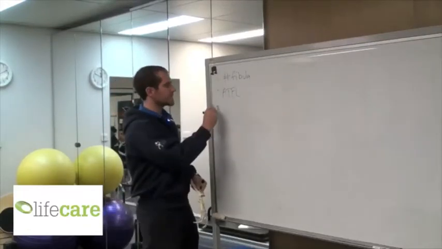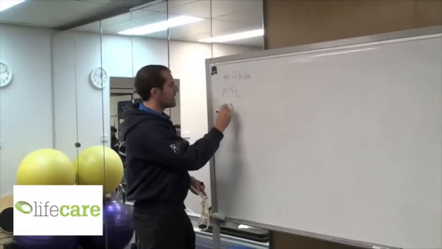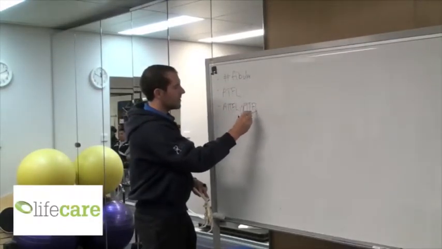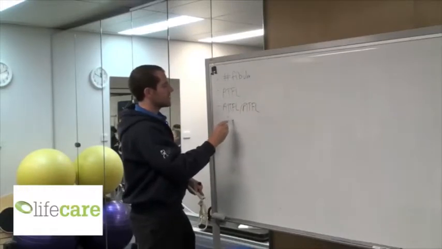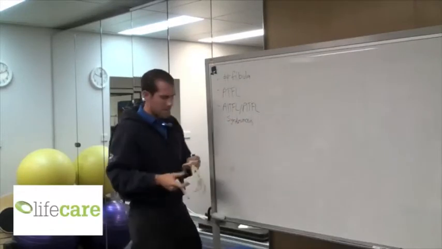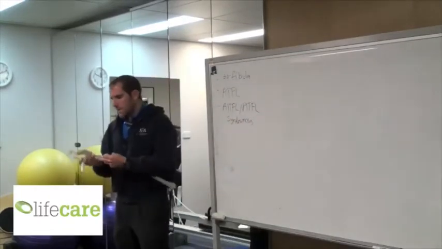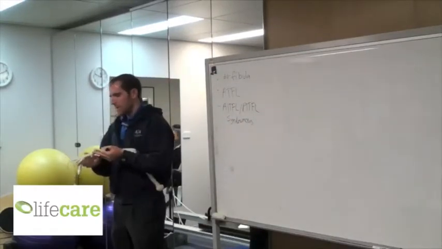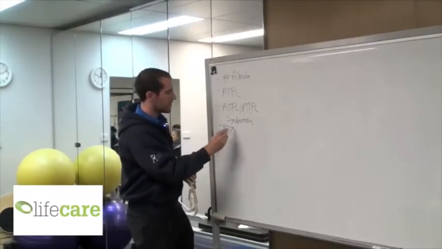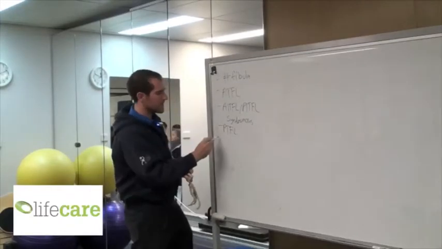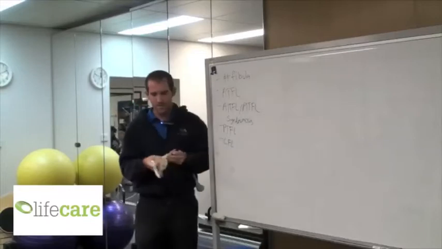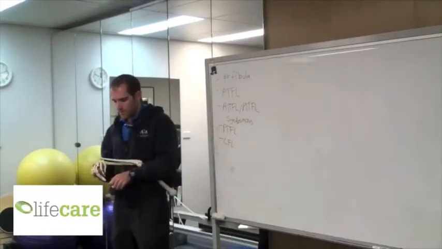So you've got AITFL / PITFL / syndesmosis. So that's at the back, obviously, the PITFL. You've got your PTFL. There, you've got your CTFL. So they're all pretty common ones that you guys would no doubt all be familiar with.